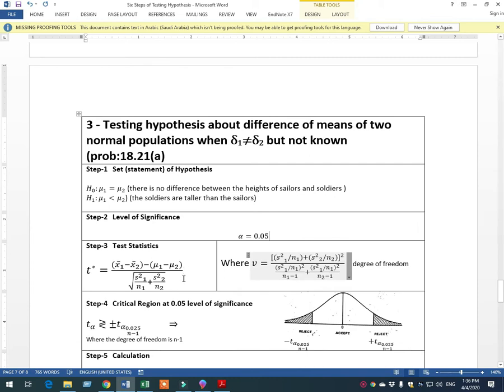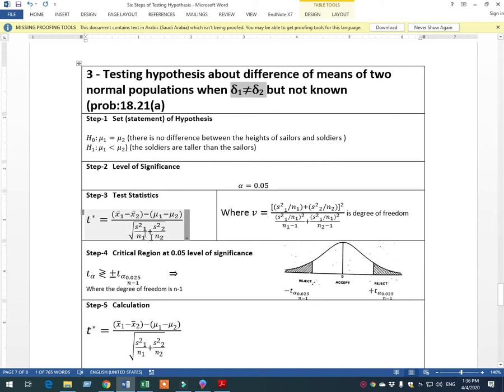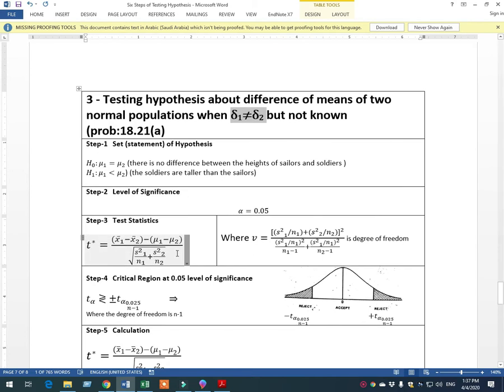And now, guys, the formula is a little bit changed, because there is a condition of having unequal variance. When the populations have unequal variance, the formula would be like this. It is a very different formula from the equal variance formula I solved in the last question.